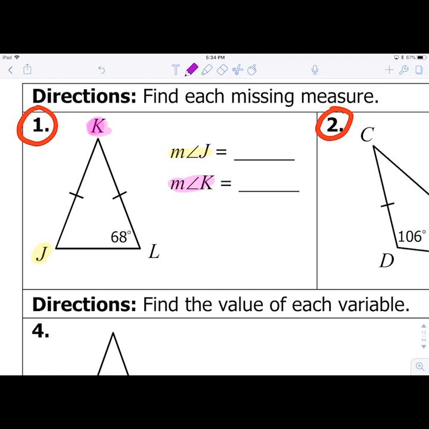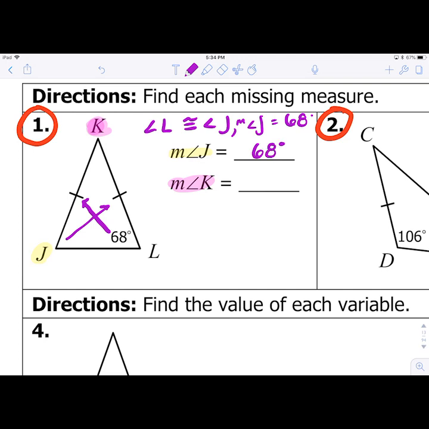How do I know? Well, I could draw an arrow opposite of the angle, and I see that I'm pointing towards one of the congruent sides. So since I know that in an isosceles triangle, the base angles are congruent, then I know that the measure of angle J must also equal 68 degrees. So this is 68 degrees.